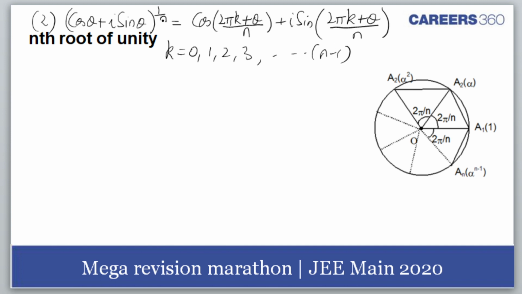That means if we find the nth root of a complex number, this will give me n values. One by one, I'll put k is equal to 0, k is equal to 1, k is equal to 2, k is equal to 3 and so on. That's how we get these values.